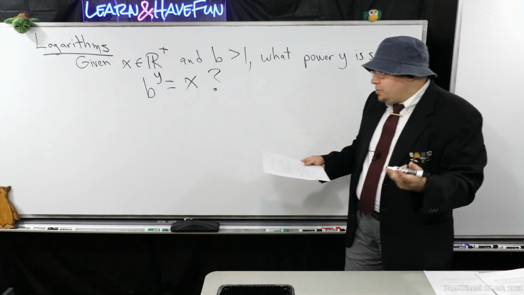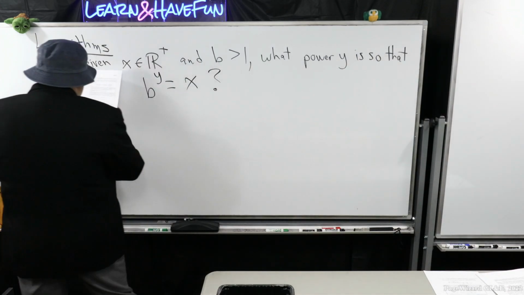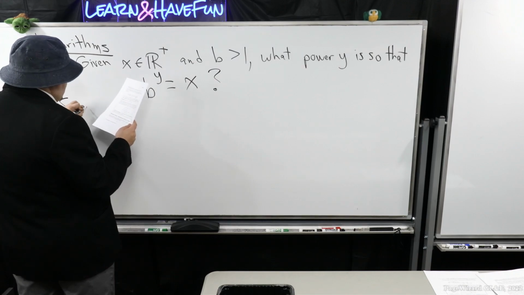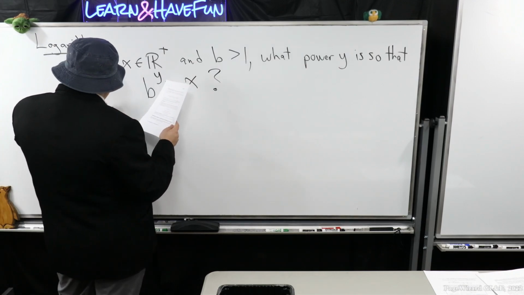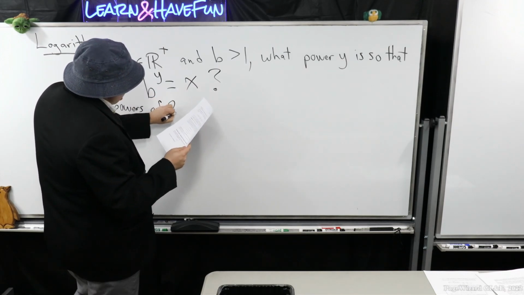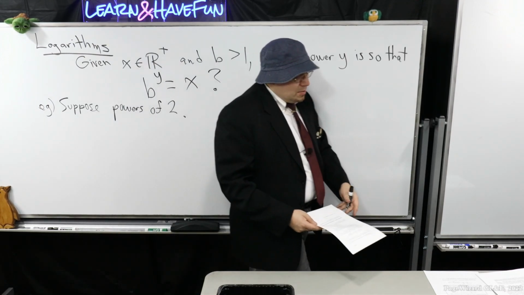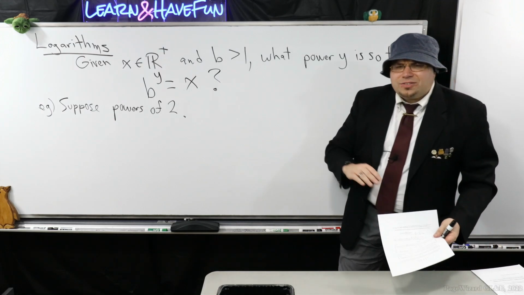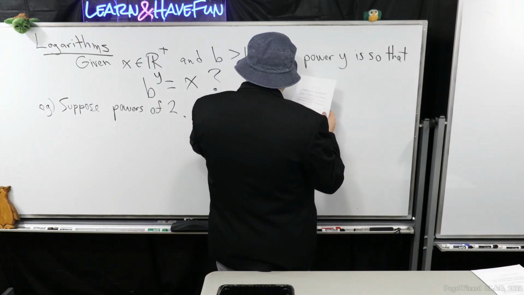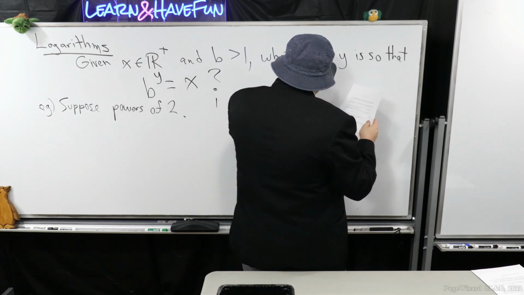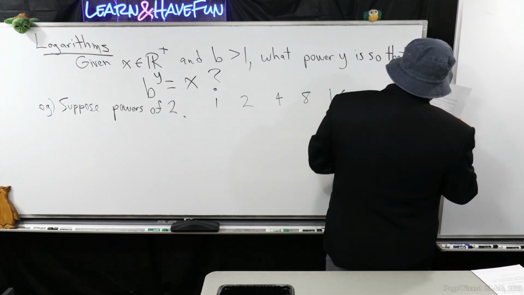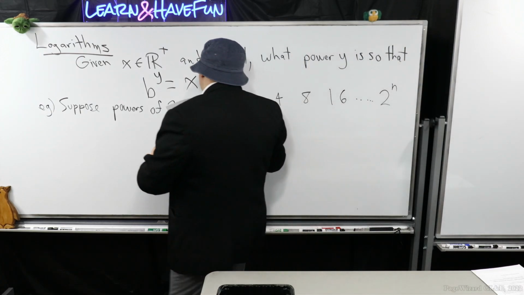Suppose, just for an example, we have powers of 2, for the sake of simplicity. Let's sort out some powers of 2. I've got 1, 2, 4, 8, 16, and we could write this up to 2 to the power of n, for some n.